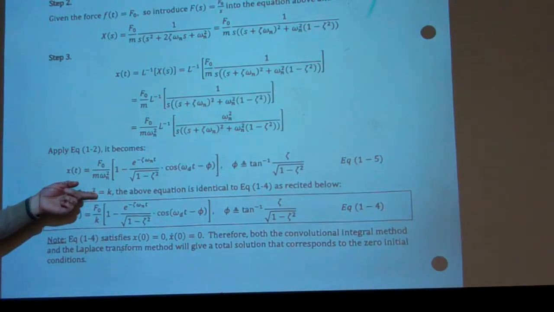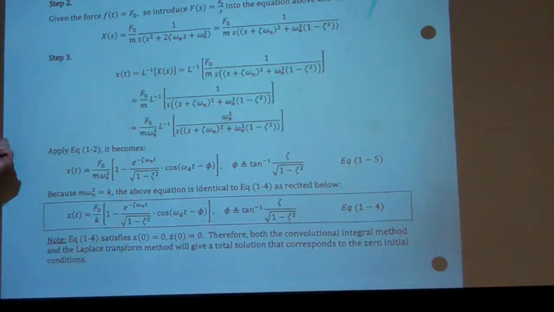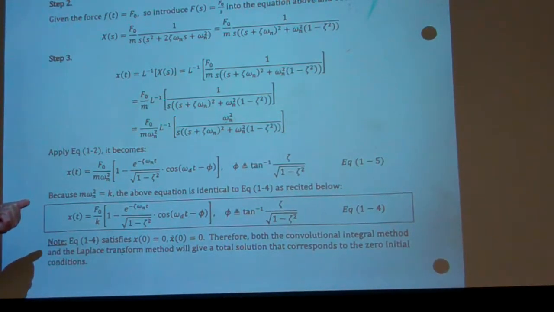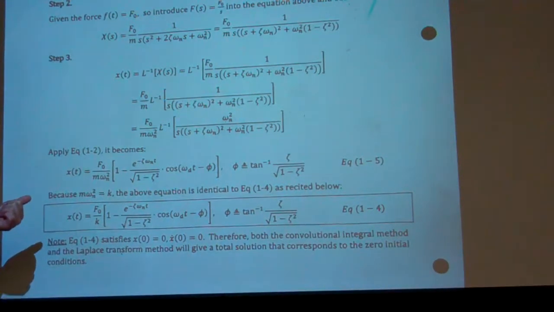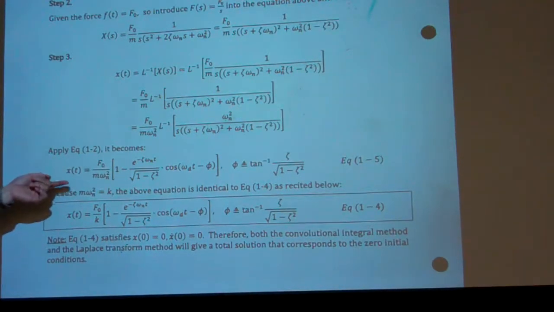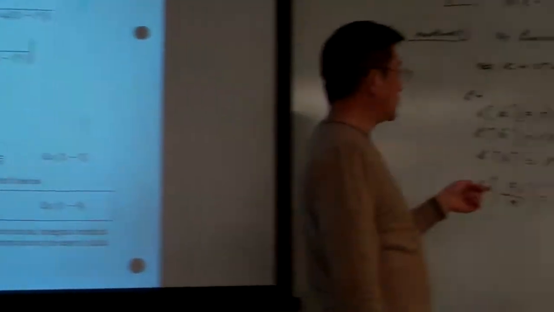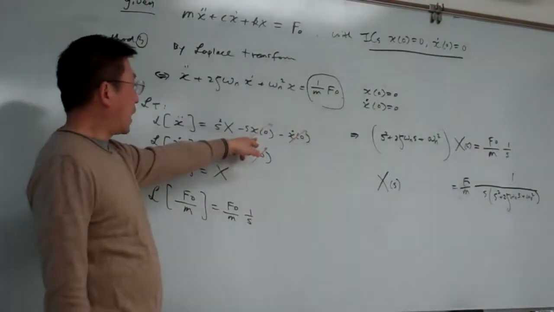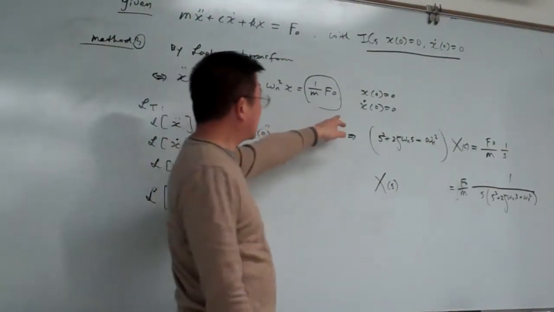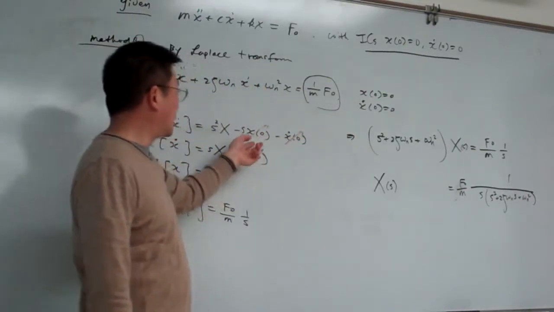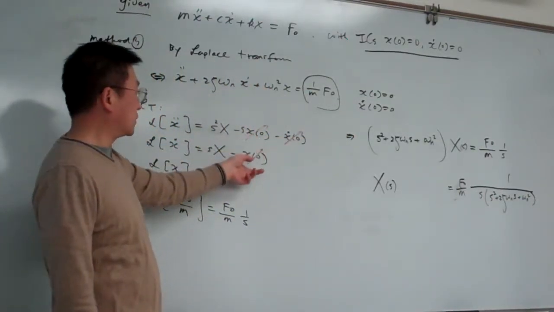You can see this result is the same as the first approach and the second approach. So again, the Laplace transform allows us to deal with the initial conditions that are approaching equal to 0.